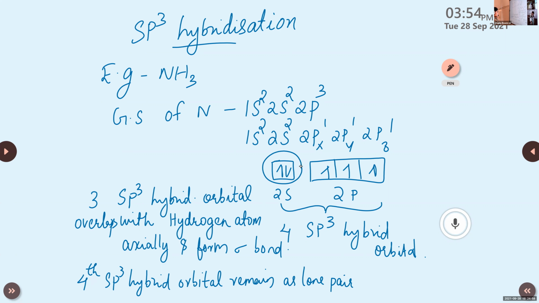So due to the presence of this lone pair, we know that lone pair repulsion is there, right? And lone pair repulsion is greater than lone pair-bond pair repulsion and bond pair repulsion. That's the order, right? Lone pair-lone pair is greater, then lone pair-bond pair, then bond pair.